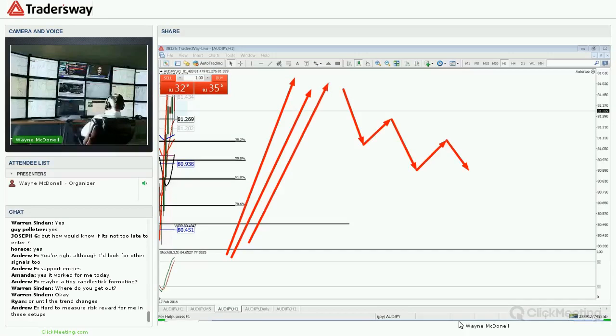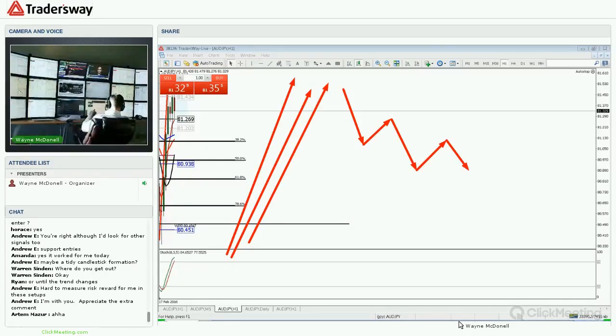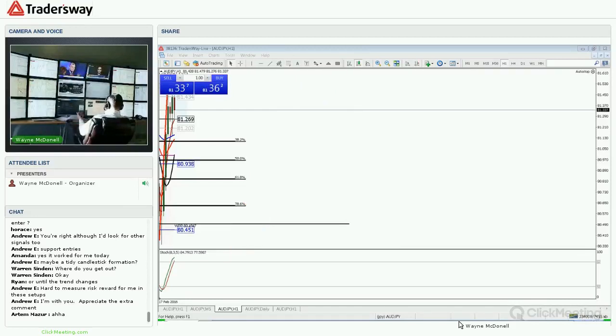I'm going to be in my Aussie yen trade until December. You see what I mean? But with the putts, I'm just making easy money. I'm not going to risk more than I'm likely to make, but I'm only taking putts if I'm certain I'm going to make 75% of these things. There's no risk reward. I'm just protecting myself from the downside.